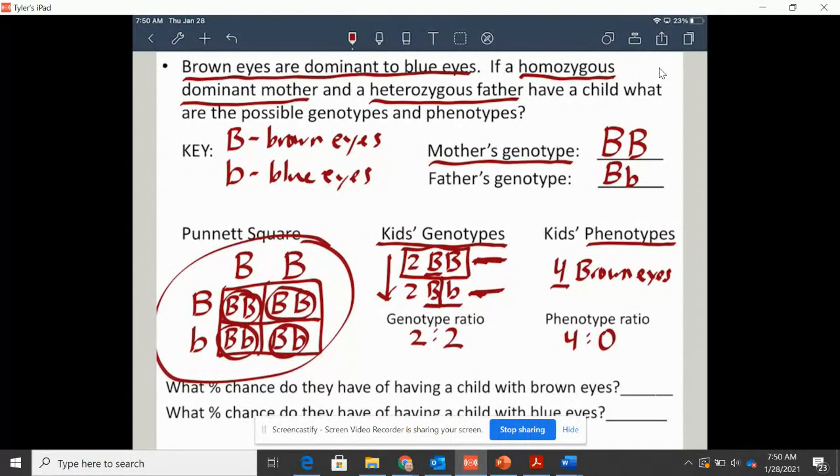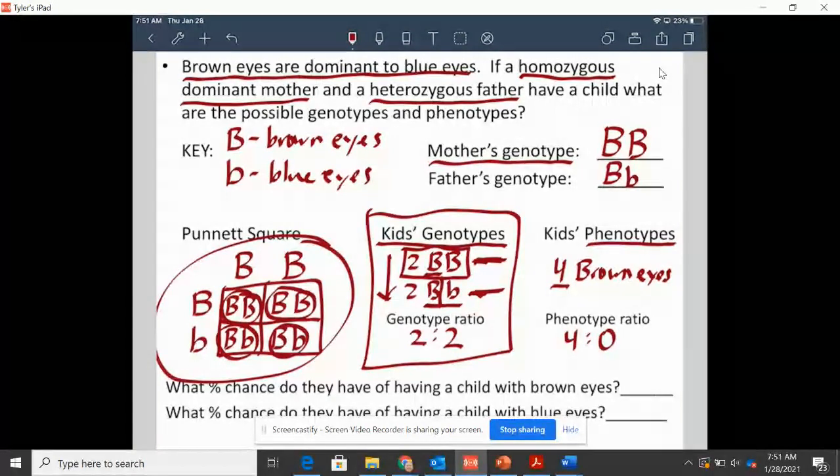Now, again, this is basically a hypothetical if you had 4 children, but you can apply those statistics no matter what. If you had 1 kid, you could say 50% of the time they're going to be big B, 50% of the time they're going to be big B, little b. You have an equal shot, right? If you have 1 child, you have an equal shot of being homozygous dominant or heterozygous.